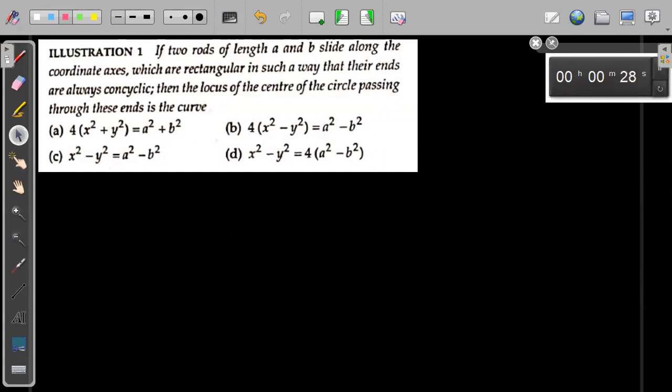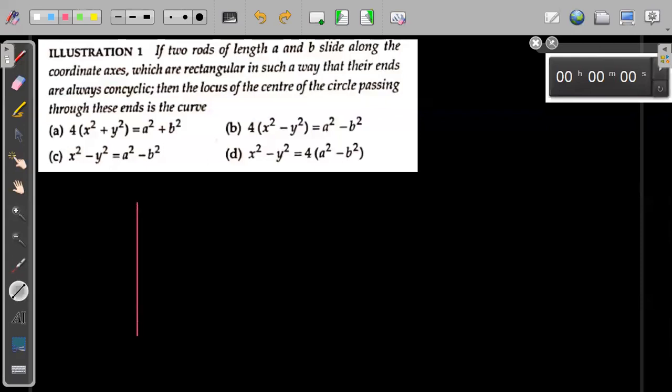Okay, so let's see. What they're saying is that two rods of length A and B slide along the coordinate axis, which are rectangular, in such a way that their ends are always concyclic.